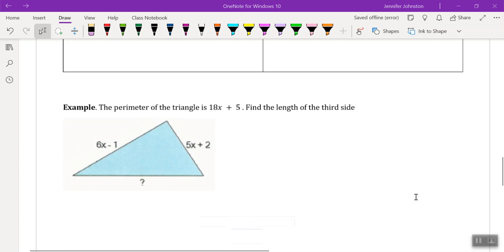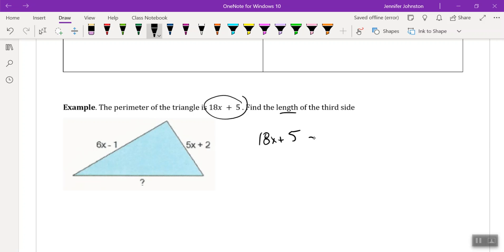All right, so for this last question, we're being told that the perimeter is 18x plus 5, and we need to find the length of the third side. So the perimeter, that means everything around it, is 18x plus 5. And these two plus something gives us this answer. So we'll have 6x minus 1 plus 5x plus 2.